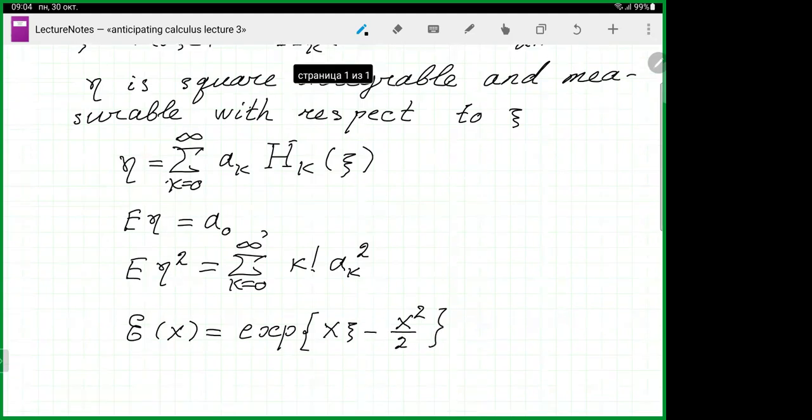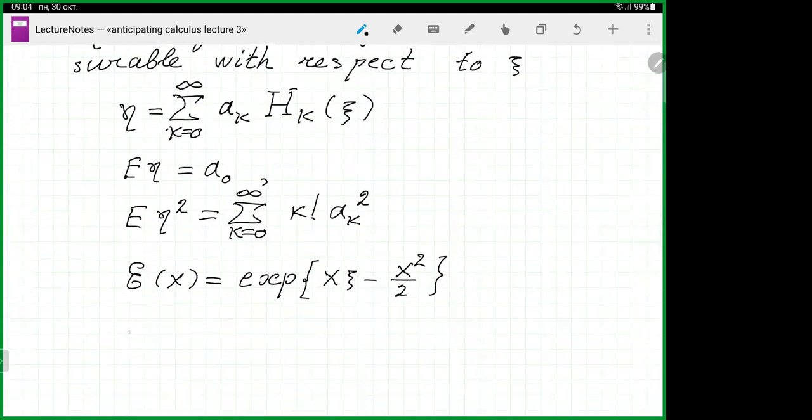And we have seen that this random variable has a very nice expansion via Hermite polynomials, like the series sum of x to the k over k factorial times hk of psi.